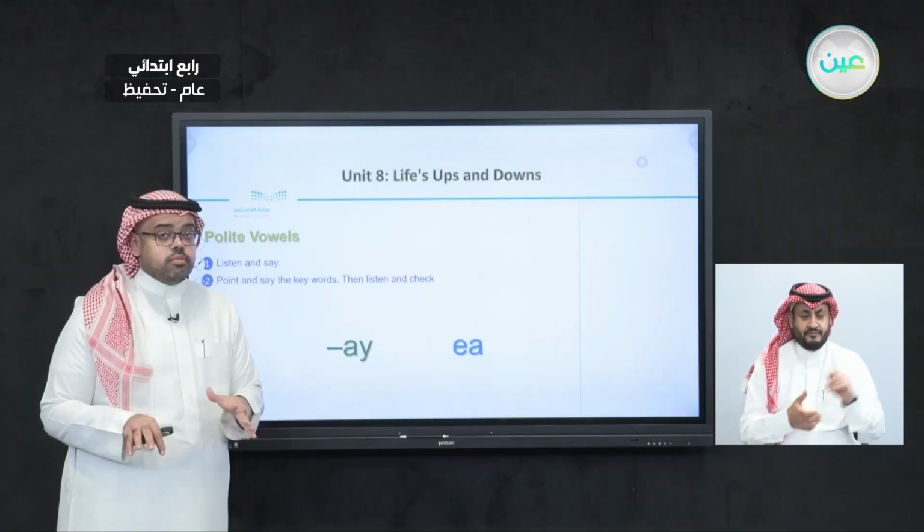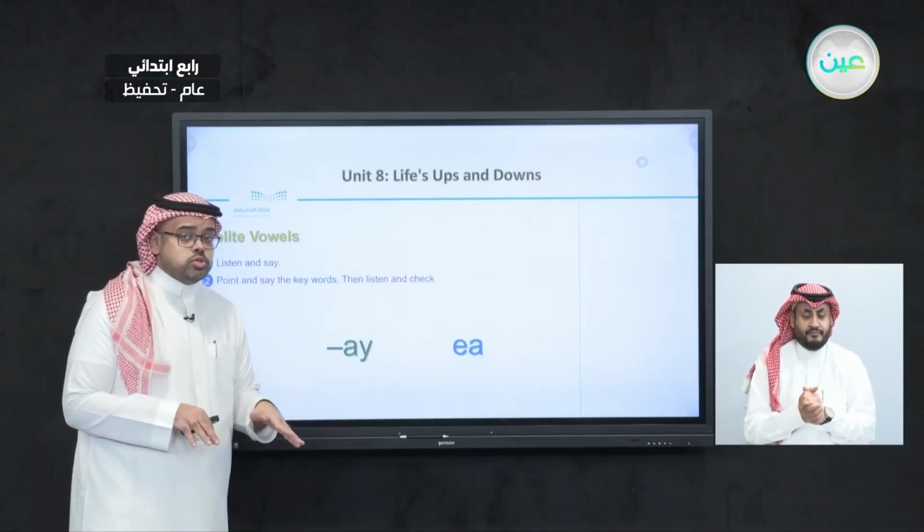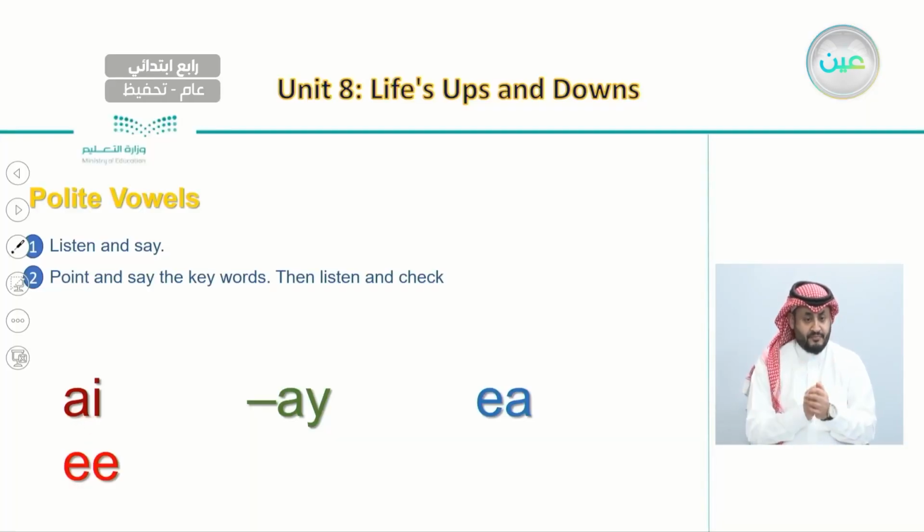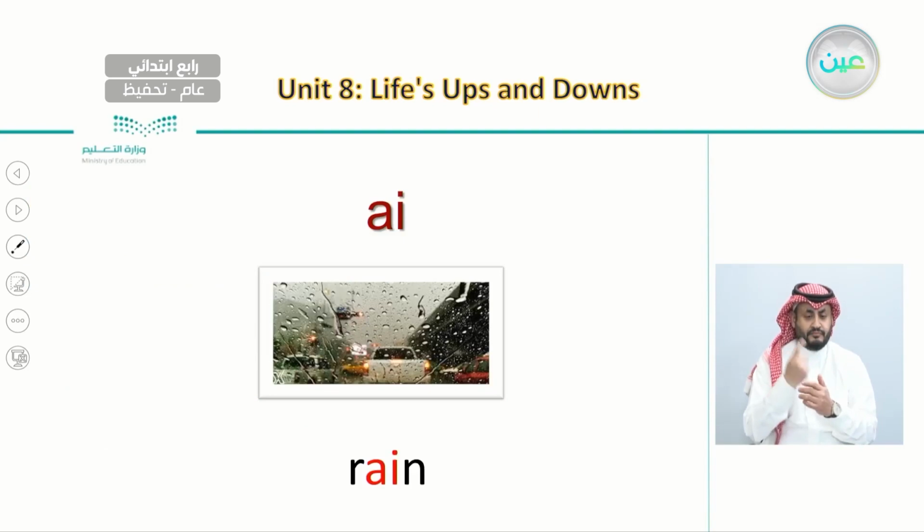So, a quick reminder, the words that we are about to hear share the AI letters, end with AY, and also have EA and EE. So let's start with the first one.